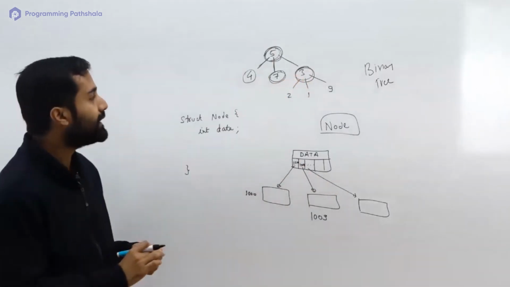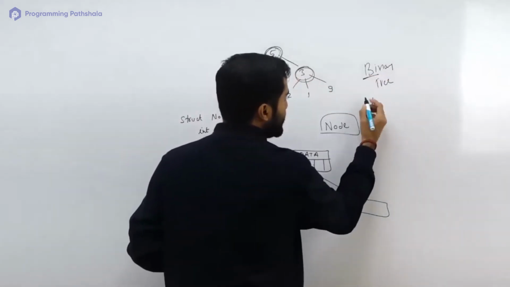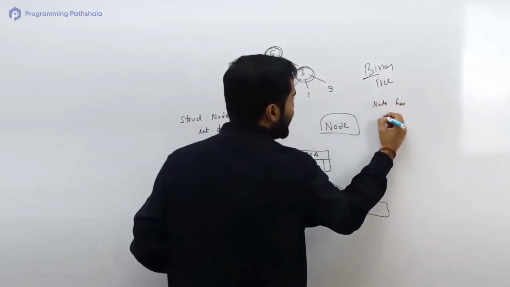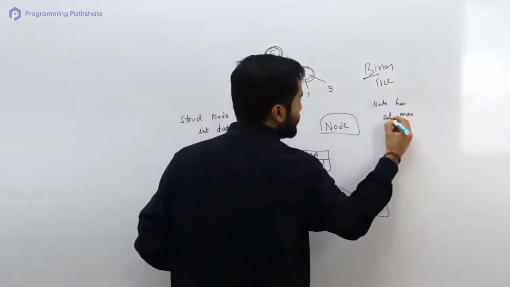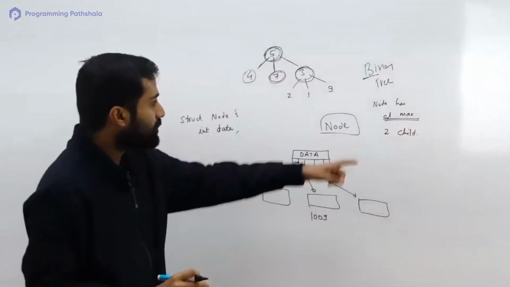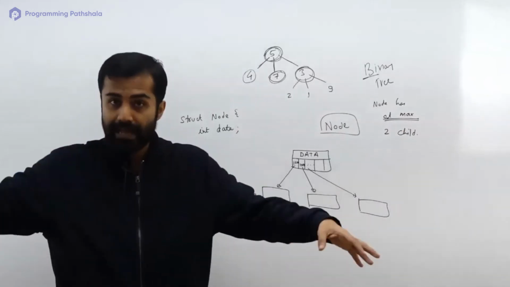The meaning of binary tree is, bi means 2. So basically I can say every node has at max 2 children. At max 2 children. Here the words at max are very important, because certain people feel that every node should have 2 children each.